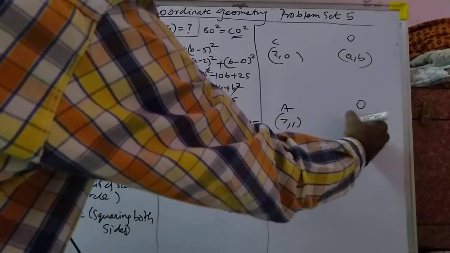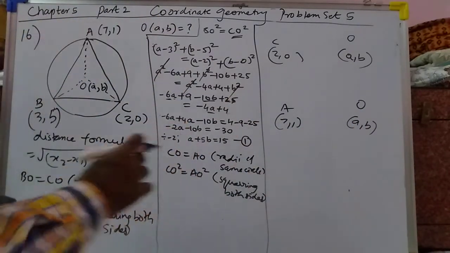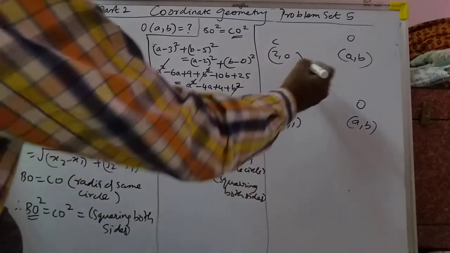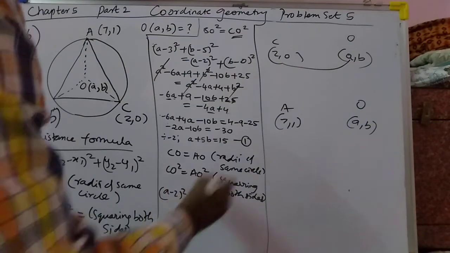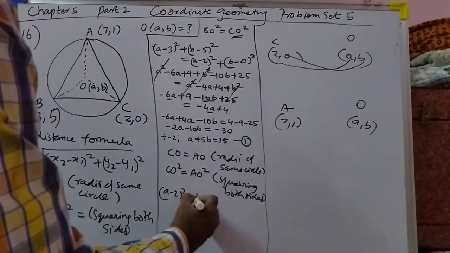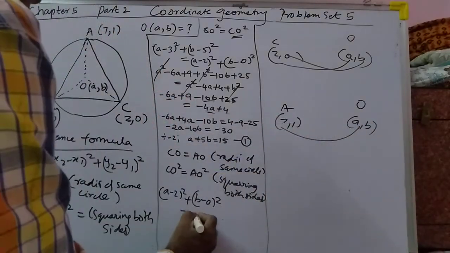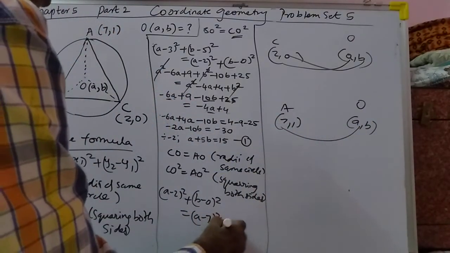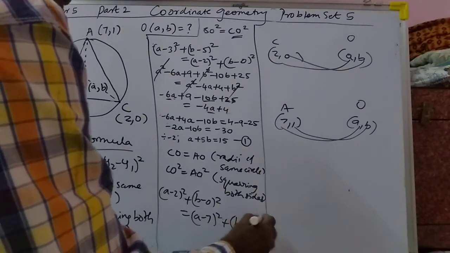Let us calculate by using this formula. So it will become (a minus 2) the whole square plus (b minus 0) the whole square is equal to (a minus 7) the whole square plus (b minus 1) the whole square.